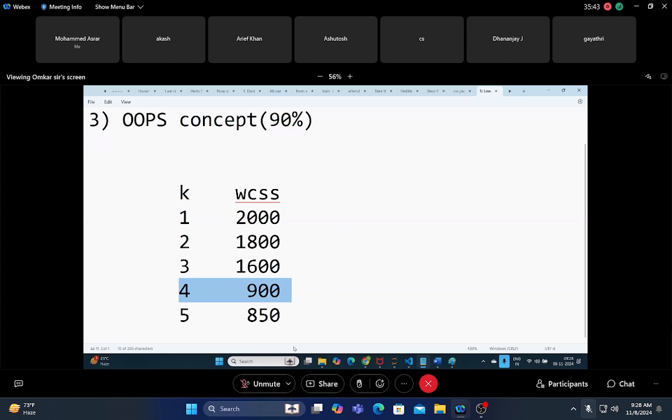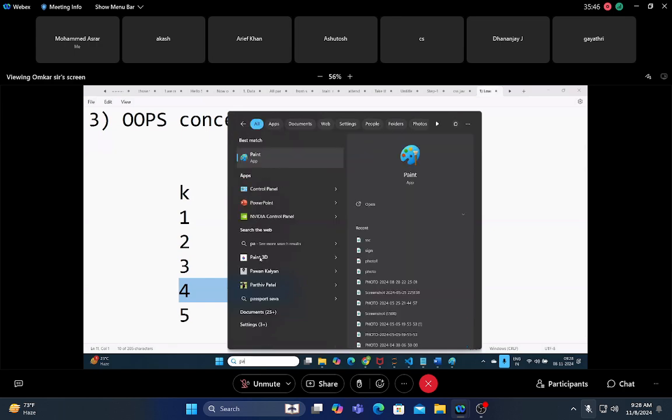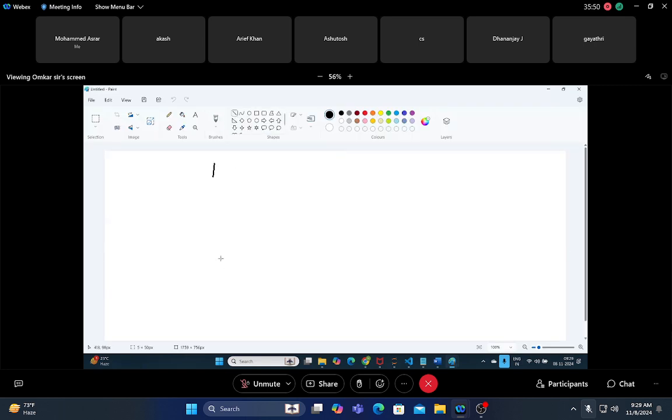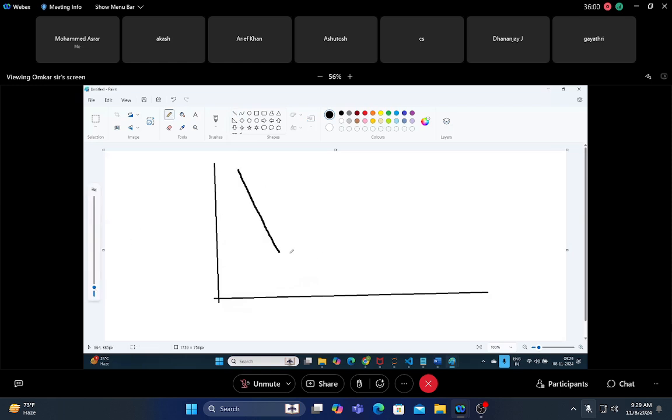If you draw a diagram of K with WCSS, the curve will come like an elbow. Here is the first cluster WCSS value, the second cluster WCSS value, and there is a drastic change, your elbow kind of thing.